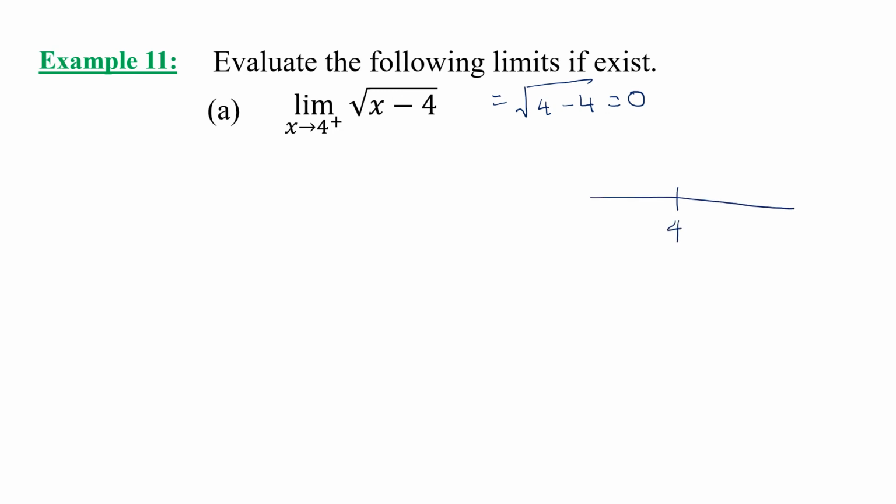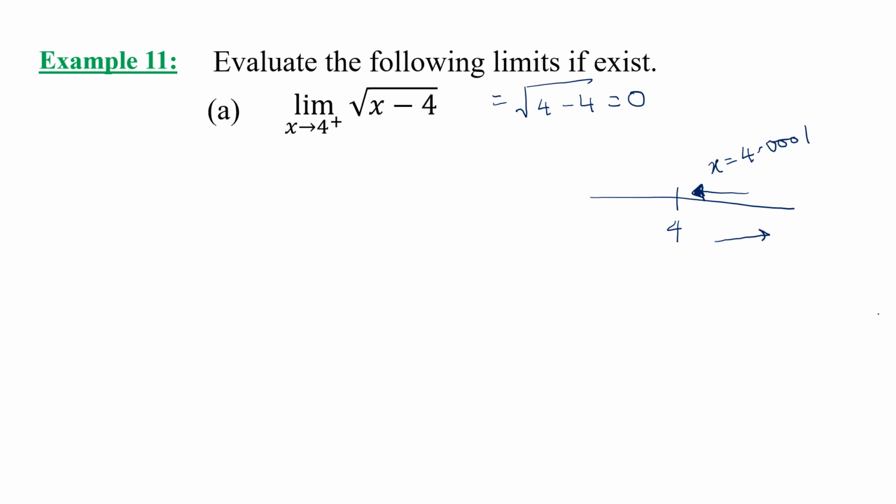When x approaches 4 from the right, it means we can substitute any value of x that is bigger than 4. For example, I can take x equal to 4.001. Very close to 4, but not equal to 4.